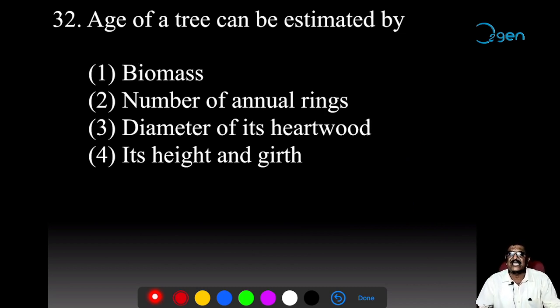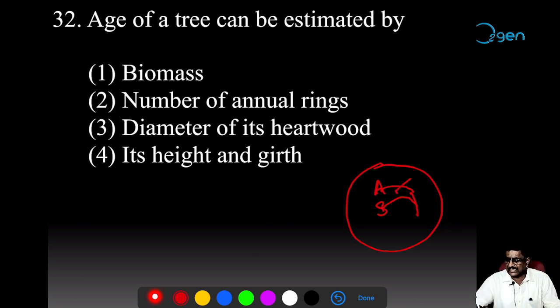Age of the tree can be estimated by option A, biomass. Option second, number of annular rings. Option third, diameter of its heartwood. Option 4, its height and girth. In secondary growth we have studied the autumn wood and the spring wood; both join to form a single ring called an annular ring.